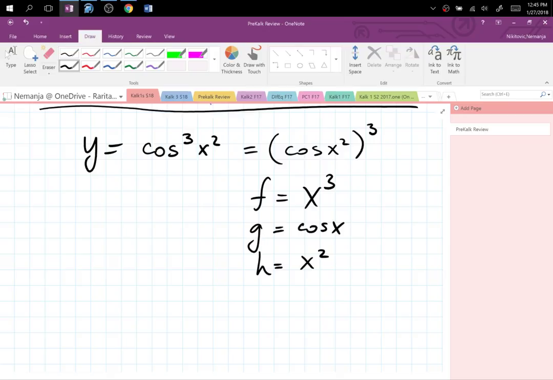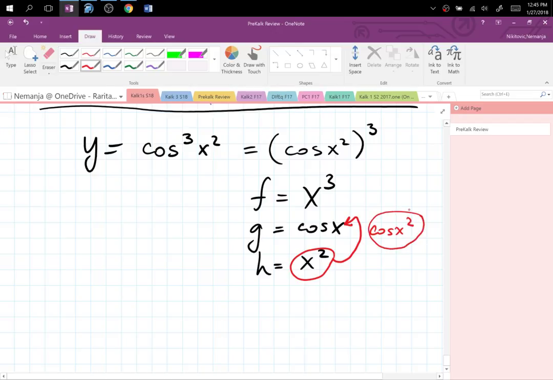Shall we test this? Sure, why not. Take x squared and plug it in here, you get cosine x squared. Now take cosine x squared and plug it in for this x, and you get cosine x squared, everything cubed, and there's your problem. Now, what I have in red is what you know. So go ahead and write whatever function you want as practice.